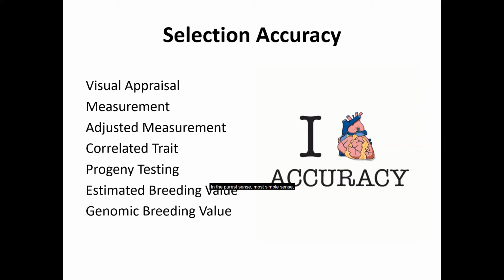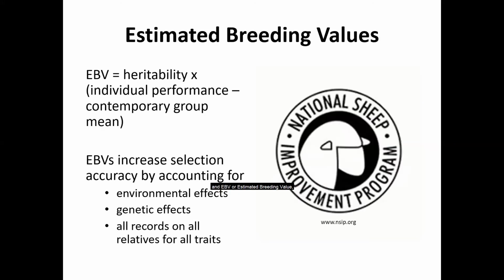Okay, so let's break into that EBV a little bit and just talk about what goes into that. In the simplest sense, an EBV, or an estimated breeding value, a statistical estimate of an animal's actual breeding value, is a product of the heritability for the trait times the difference in performance between that individual and the average of the contemporary group that it's raised in.